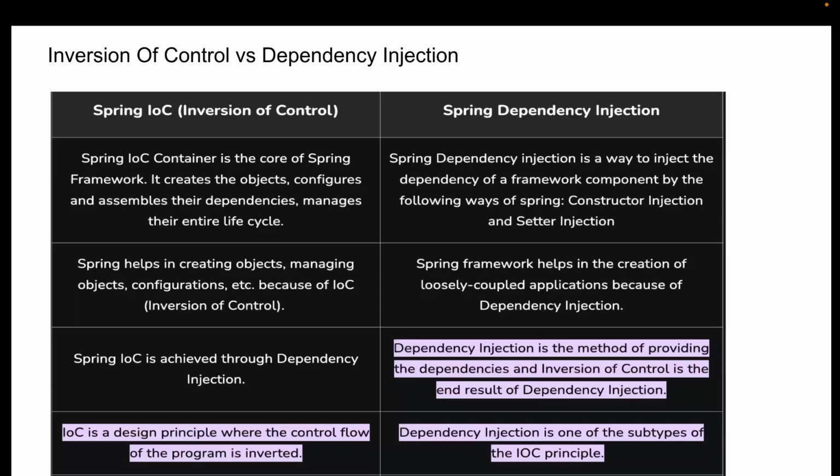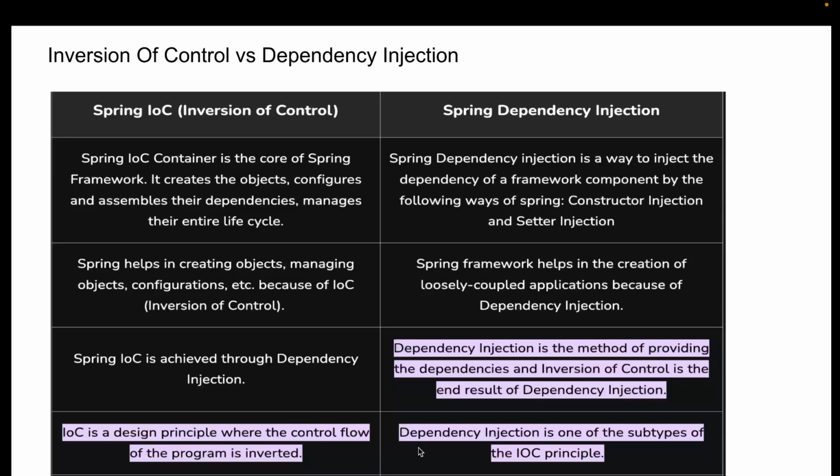Let's say the controller requires a dependency with service and service requires the dependency with the repository layer, and we go ahead and try to create the repository layer, perform the operations, and then inject it into the service, and then the service layer dependency is injected in the controller, and then the controller sends that HTTP response to the client. So this is achieved by the IOC or the inversion of control design principle.